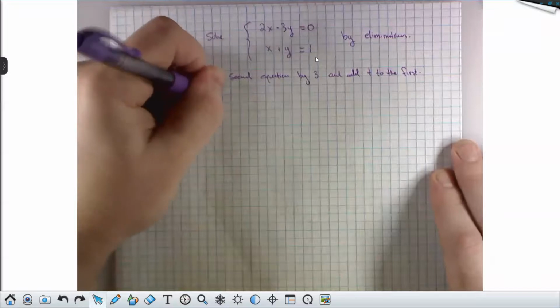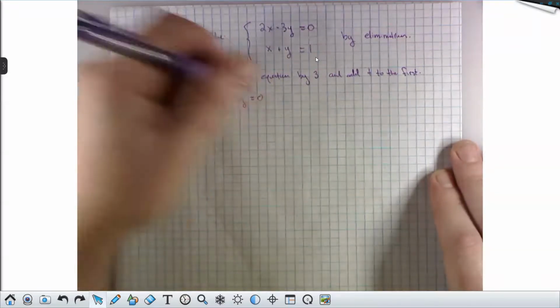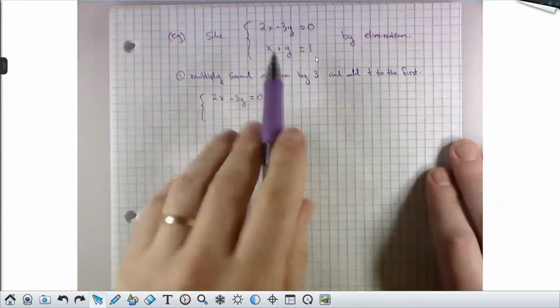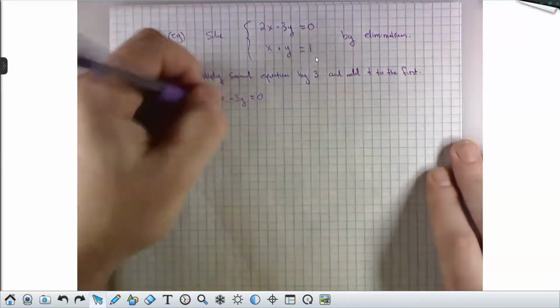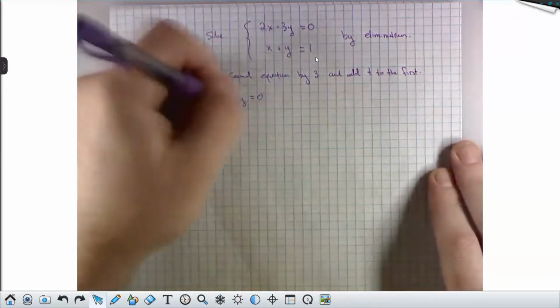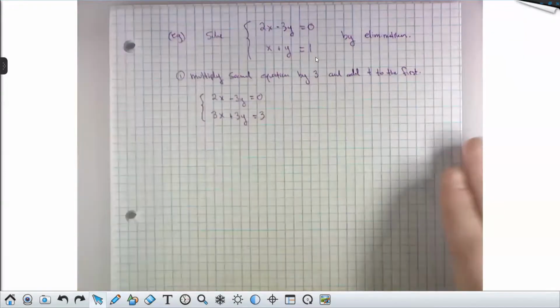First equation doesn't change: 2x minus 3y equals 0. And then if I multiply this equation by 3, every single piece gets multiplied by 3. So that's 3x plus 3y equals 3.